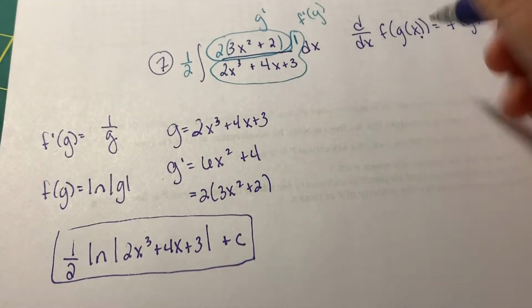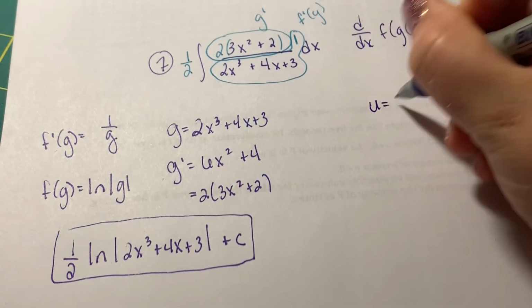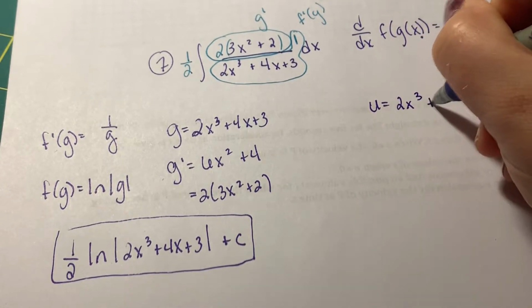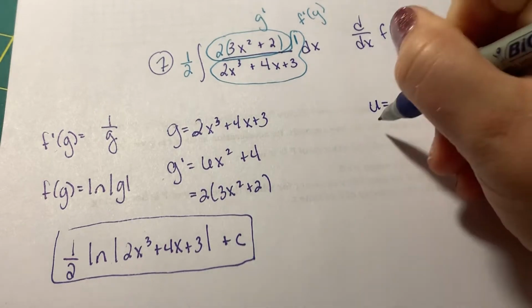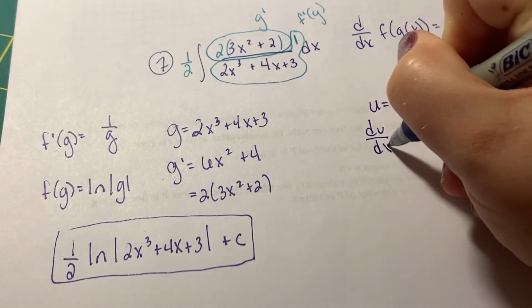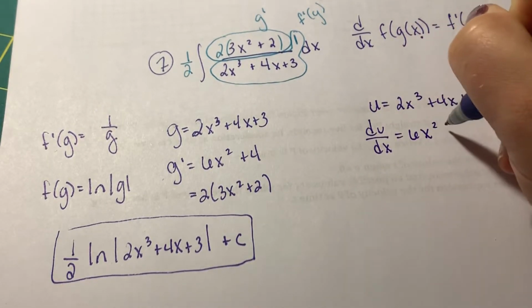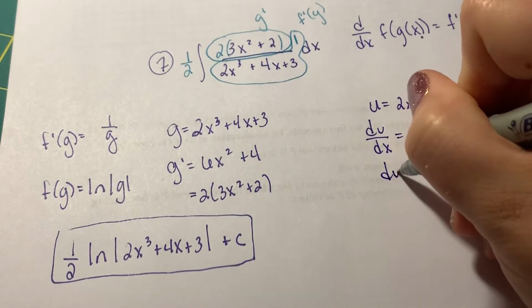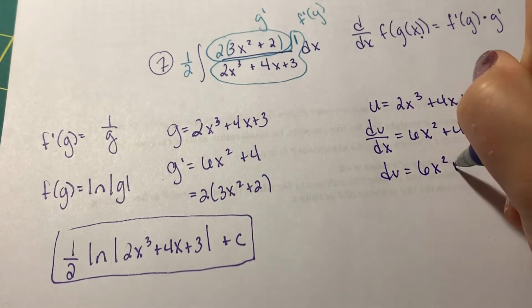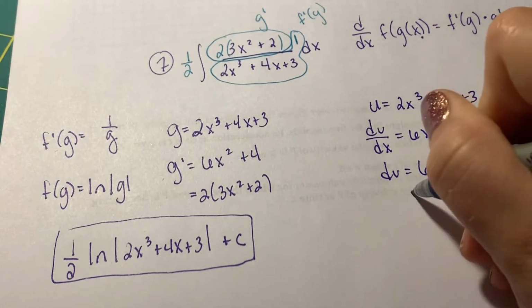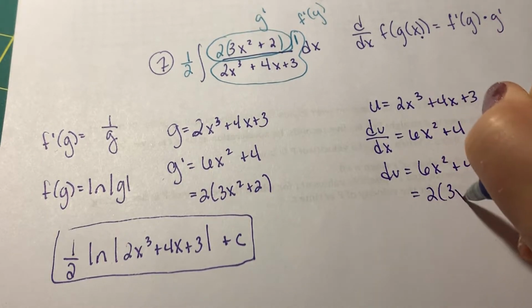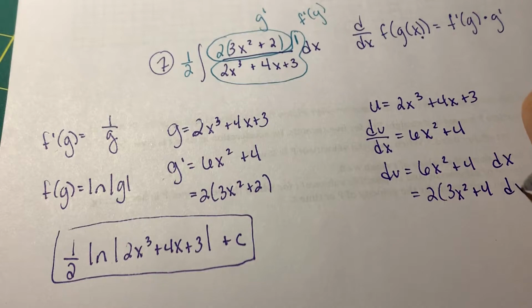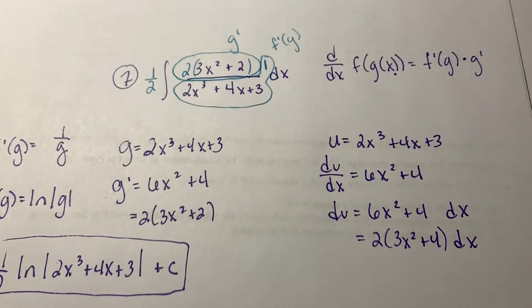If we did u substitution method, the u would be, again, the denominator, same thing as g. We take the derivative with respect to x, same step, and here's where we deviate. I still like to factor out the 2 to make it really clear how I'm adding in a 2 to the problem.